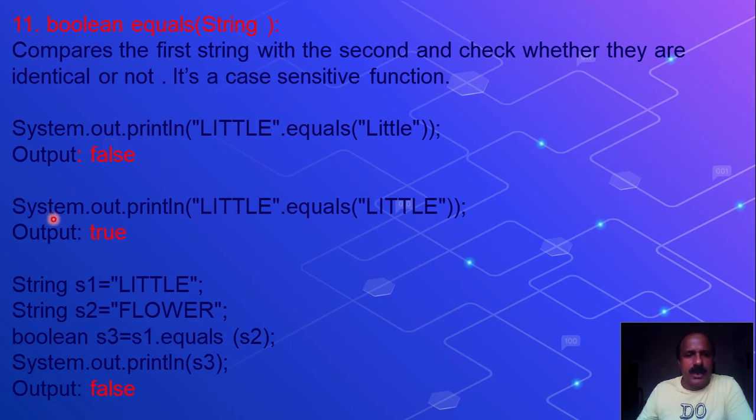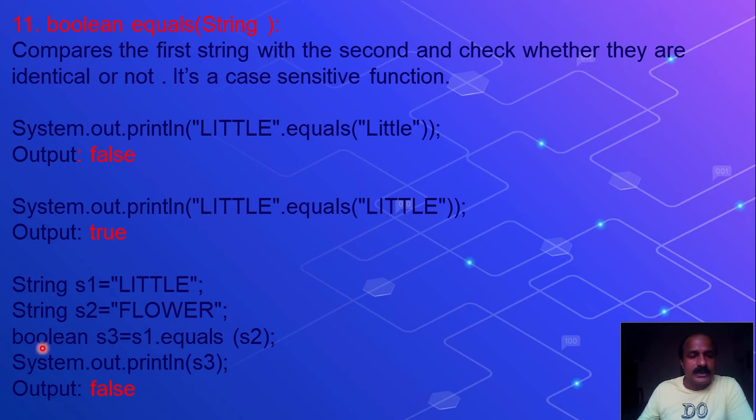Now System.out.println little dot equals little. In this case, you can see both the first string and the second string are equal. So you will get the answer returned as true. Now let us see how you can use this in a program. See, String s1 is Little, then String s2 is Flower, and Boolean.